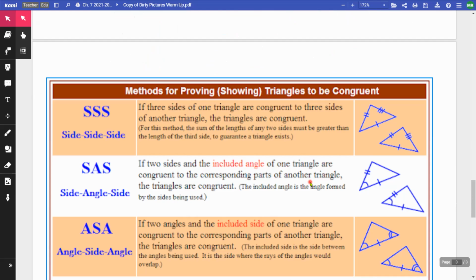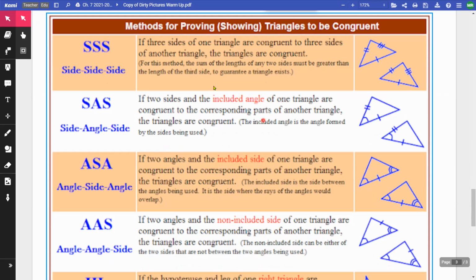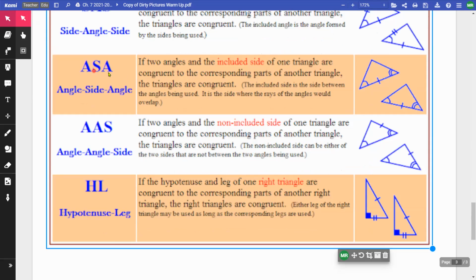Also, we want to remember our triangle congruencies. Side, side, side is a triangle congruency. Side, angle, side, where we have two sides with the angle in between. Angle, side, angle, where we have two angles with the side in between the two angles.